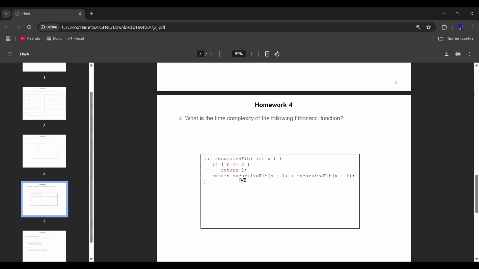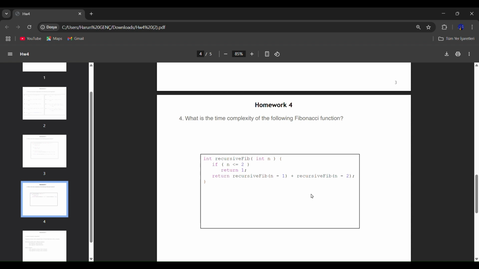The Fibonacci sequence is defined as recursive Fibonacci n minus 1 plus recursive Fibonacci n minus 2, with base cases f1 equals 1, f2 equals 1. The function calls itself twice for n minus 1 and n minus 2, summing their results.